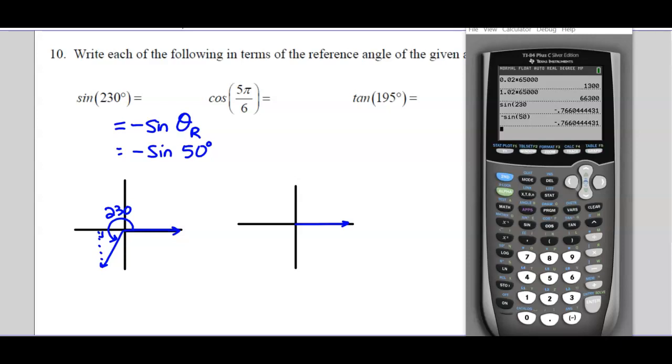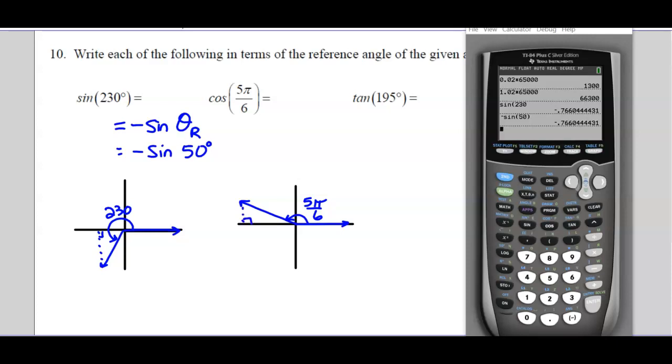It's a fraction that's less than 1. Is it close to pi? Yes. So it's in this quadrant. Remember, think about your fraction. So it's going to be something like that. This is 5 pi over 6. Okay, we're finding cosine. So, is cosine positive or negative in the second quadrant? Negative. The x value is negative.